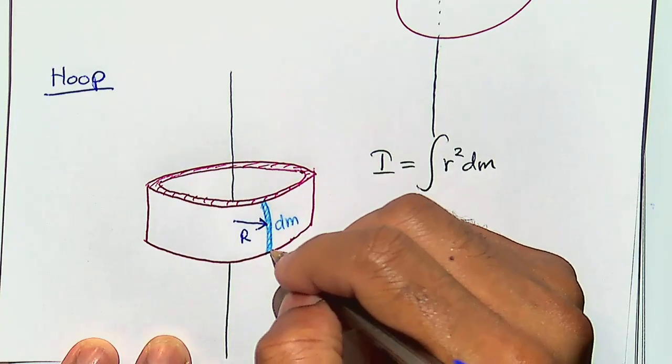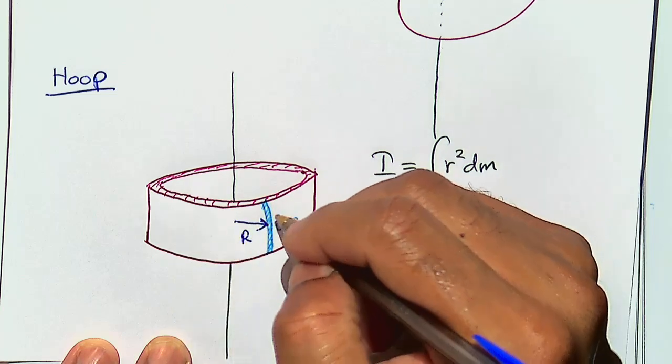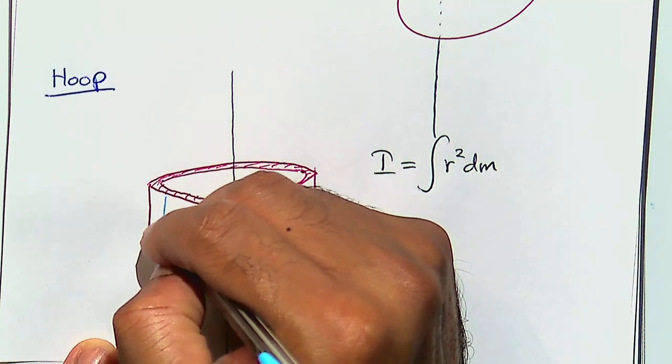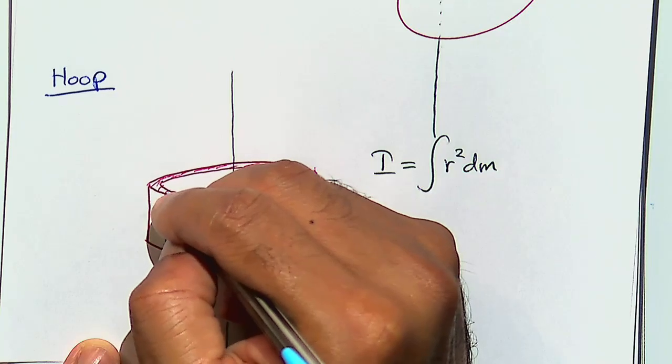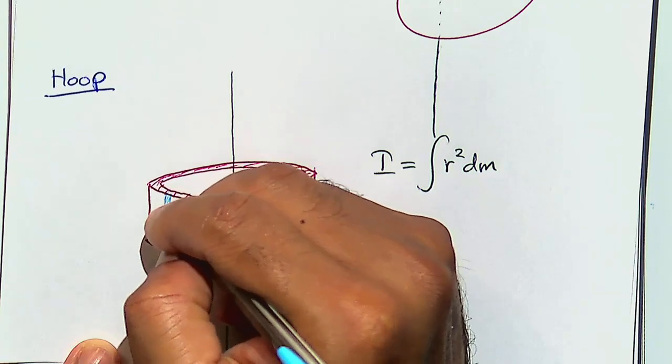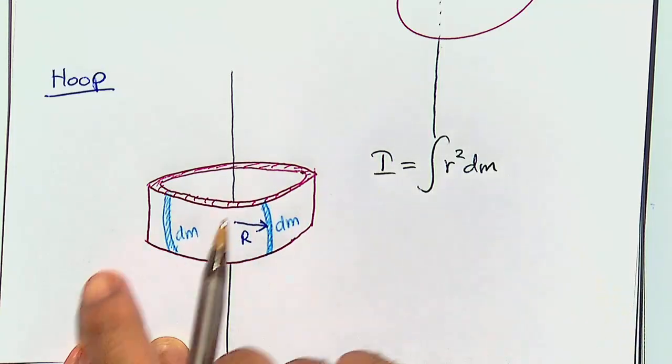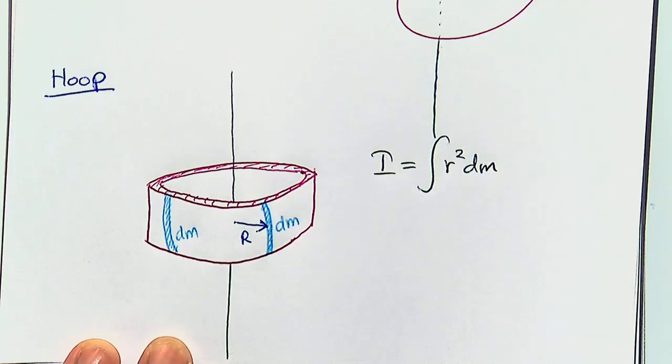If I take this chunk versus this chunk, each dm is r distance away from the axis of rotation, because that's the radius of the hoop. So if I went over here and cut off this part of the hoop, and that was my dm, the r would still be the same.